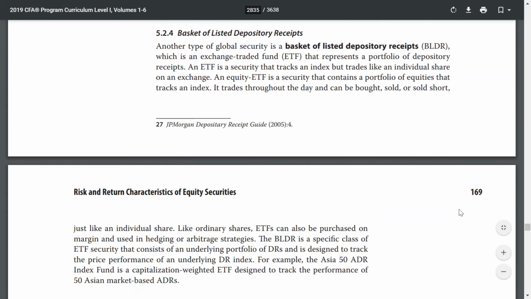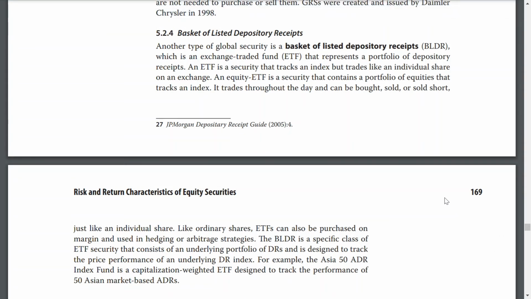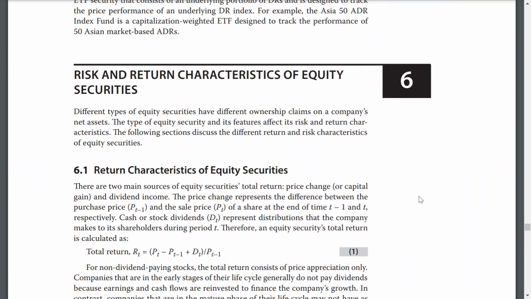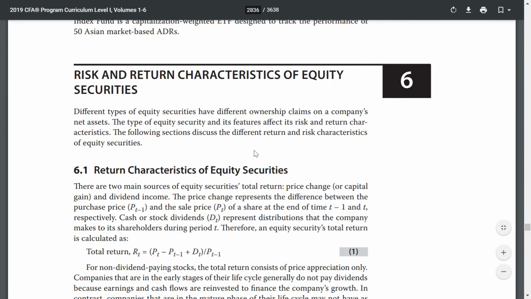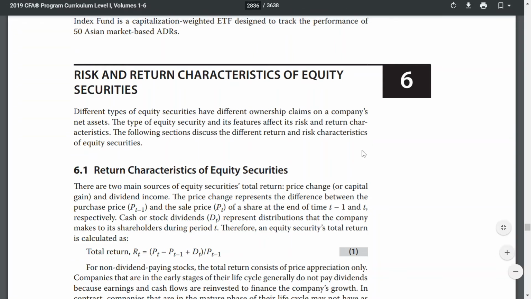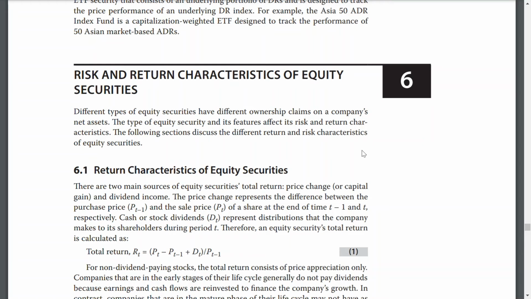Risk and return characteristics of equity securities. Different types of equity securities have different ownership claims on a company's net assets. The type of equity security and its features affect its risk and return characteristics. The following sections discuss the different return and risk characteristics of equity securities. Return characteristics of equity securities.